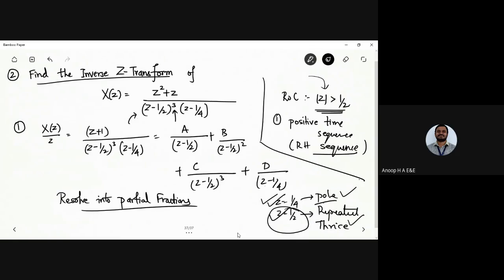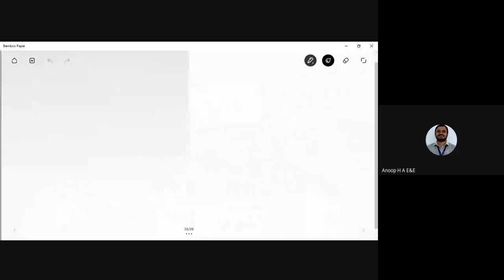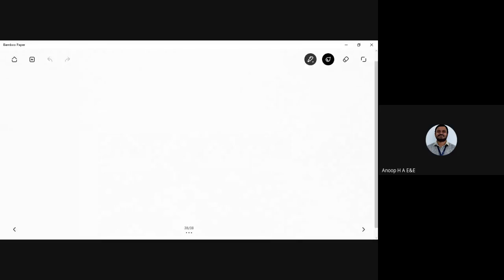Now it is quite clear for everyone, so let me write it quickly. A times (z minus 1/4) into (z minus 1/2) whole squared, plus B (z minus 1/2)(z minus 1/4), plus C (z minus 1/4), plus D (z minus 1/2) cubed.